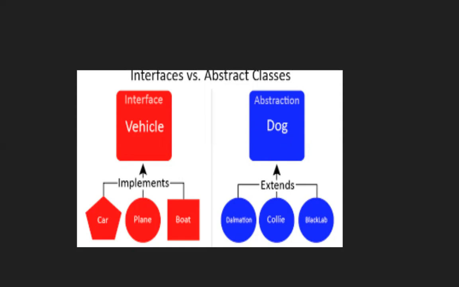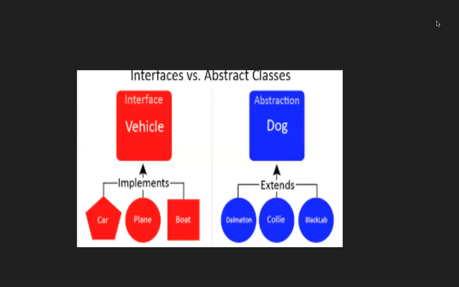The main difference is that an interface will have a generic thing, and we will move it to the specific objects. But in an abstract class, we will have a specific object, and that object will be extended as per our requirements. So here the abstraction is a dog.